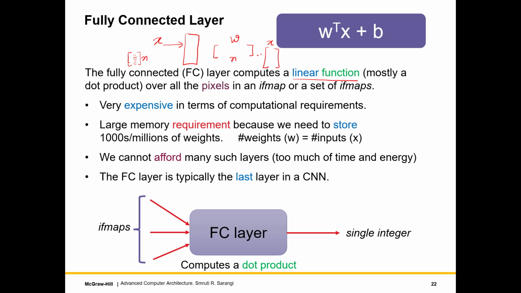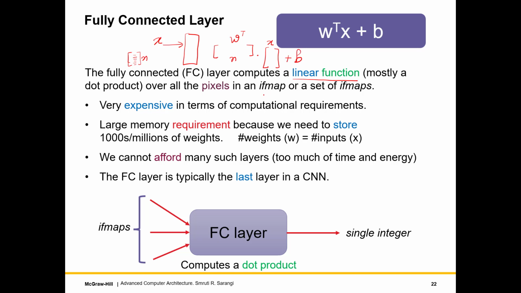So this is nothing but computing a dot product. What is a dot product? It's basically pairwise multiplication and addition. This is exactly what we are doing here. This is weight transpose, a column vector becomes a row vector, being multiplied with x, pairwise multiplication and addition. And finally, we are adding a bias term.